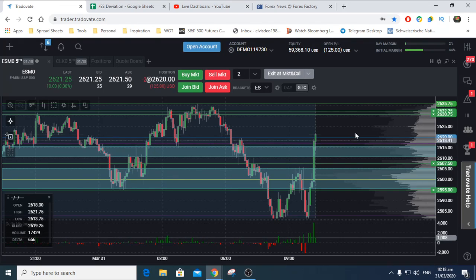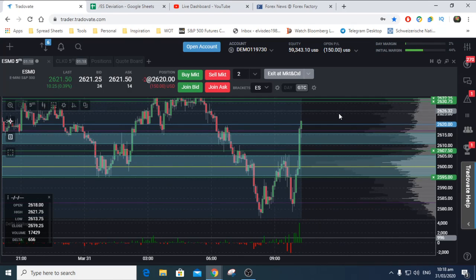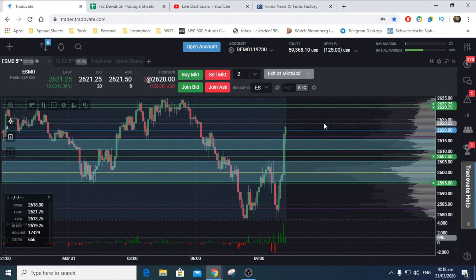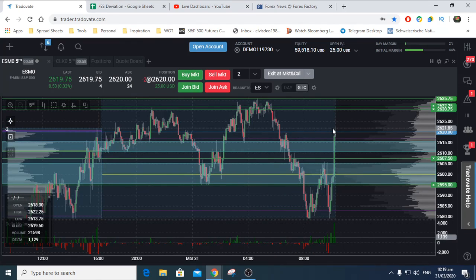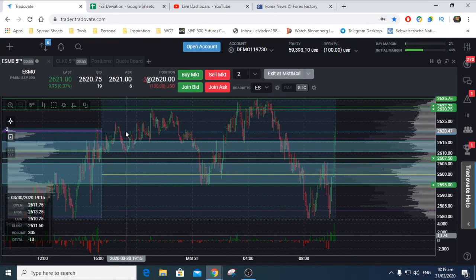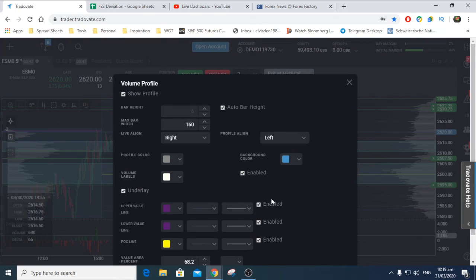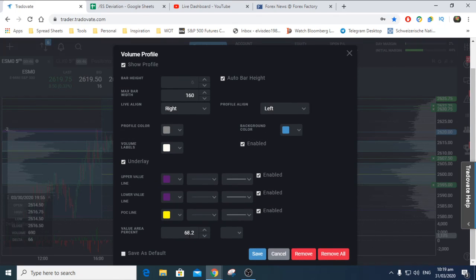Alright, if it's a live execution, listen, this is what you're looking for. Looking at this closely now, as am I. I use a little bit of a different setting, like if we go into it, right, so I use 68.2.